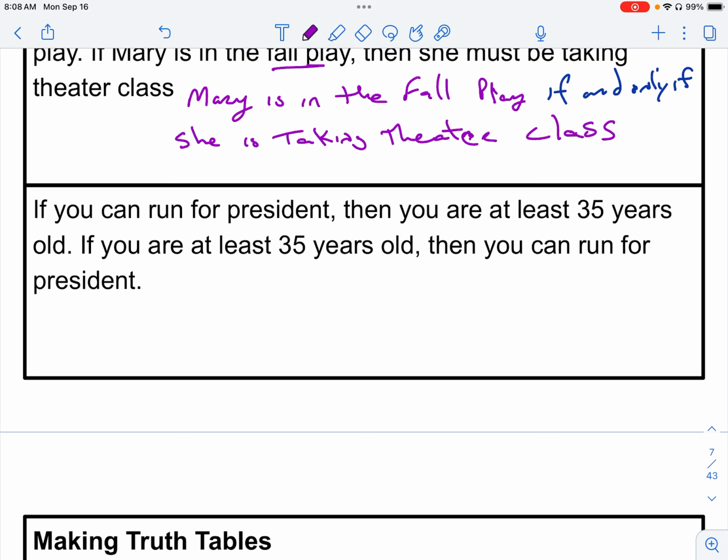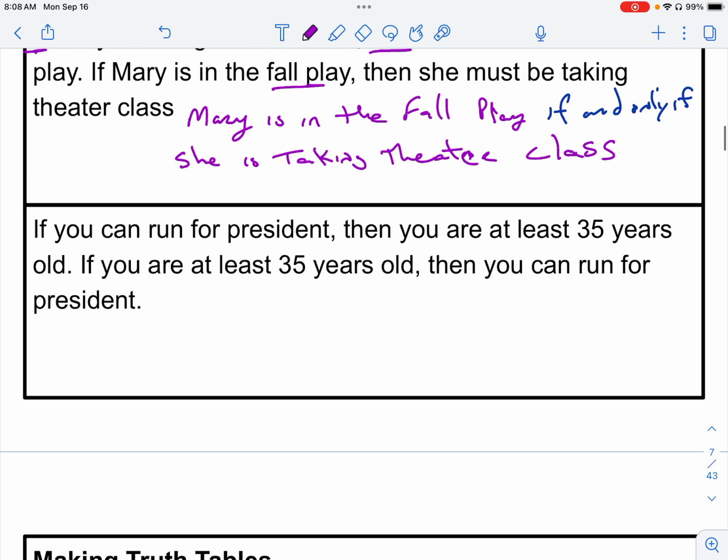Okay, one more, and then we'll move on to truth tables. If you can run for president, then you are at least 35 years old. The converse is, if you are at least 35 years old, then you can run for president.